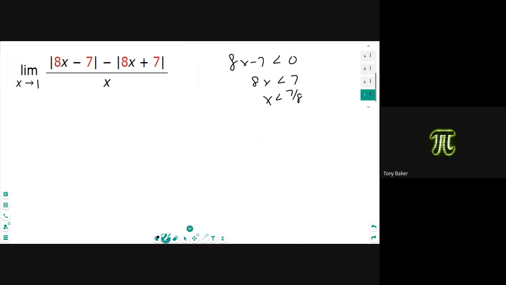Right? So anytime x is less than 7/8, I would have to switch that sign. Okay, so 0 is less than 7/8, so I had to switch the sign. Is 1 less than 7/8? No. So I don't have to switch the sign. I can just drop it.